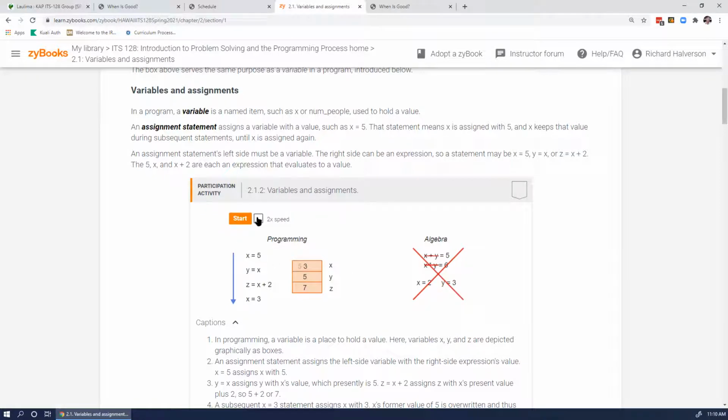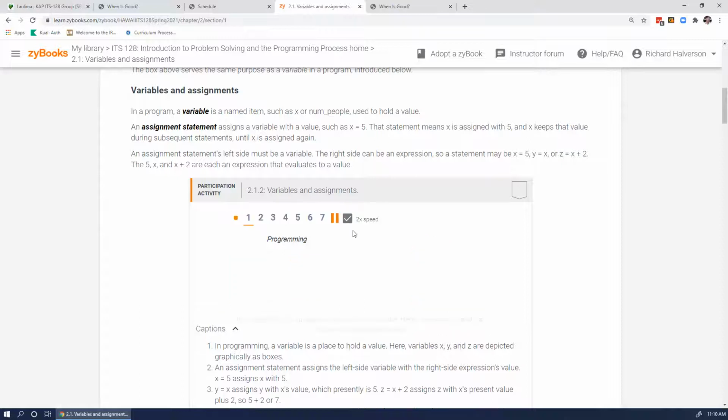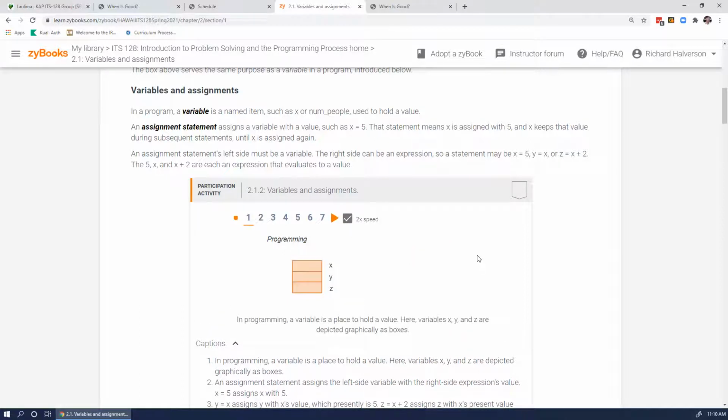So anyway, I like to put it on double speed. And so here we've got these 3 variables, and here we assign x equal to 5, and here we assign y equal to whatever x was, and then z to whatever x plus 2 is. And then we're doing some stuff where we reassign x equal to 3.